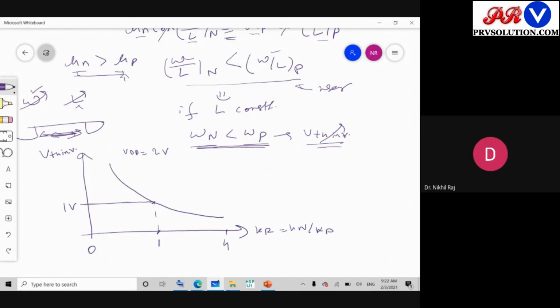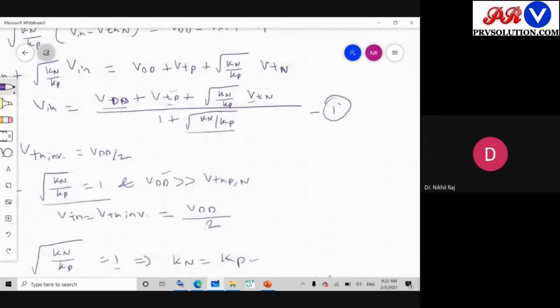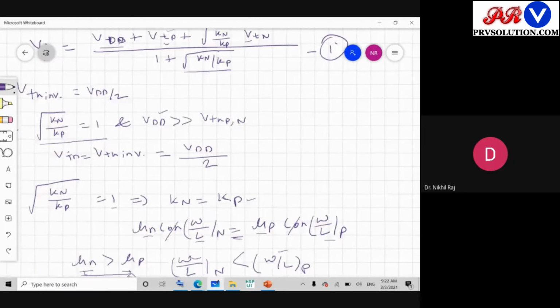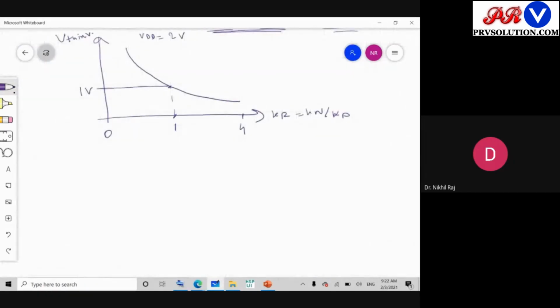Then the question comes whether only device dimension is important or any other parameter is also important. So let us look at that also. For that, we will recall equation 1 once again and check what other observations we can make.